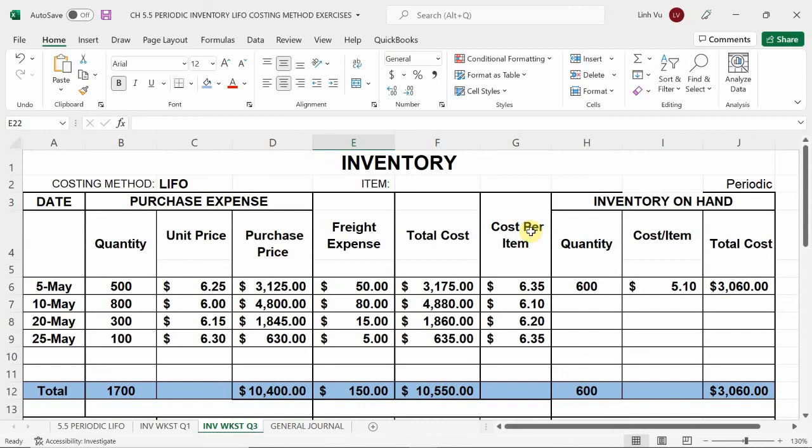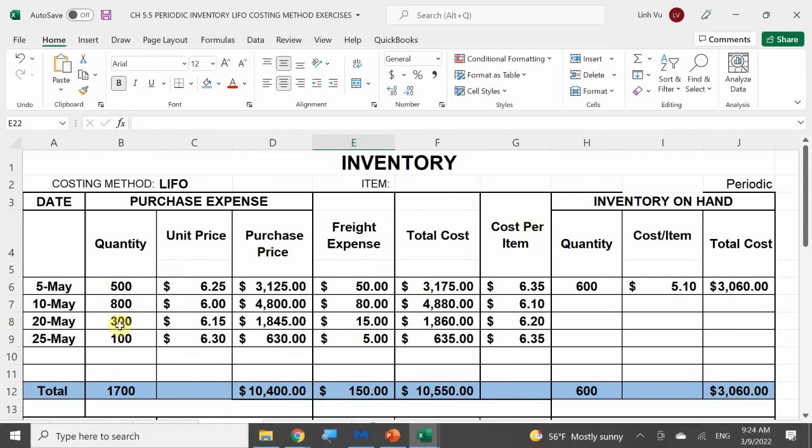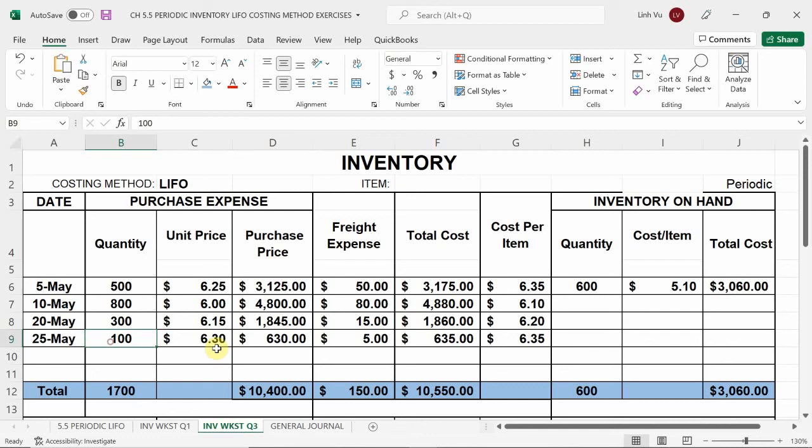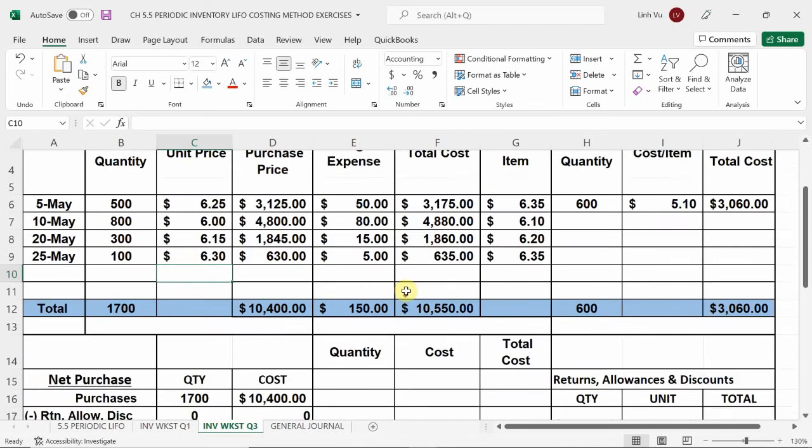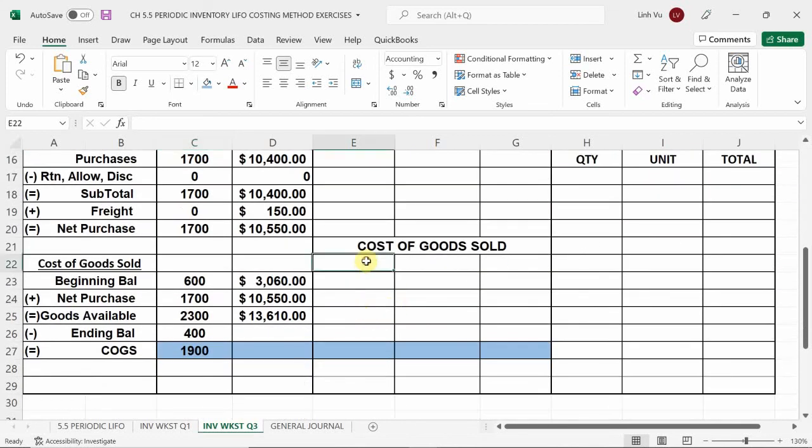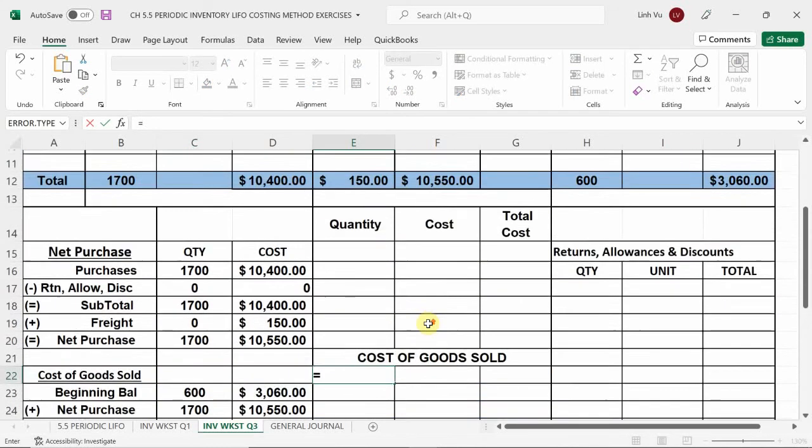Our beginning inventory is going to act like it's the first thing that we have, right? This is all the way at the top of my list, where every purchase is going to be going down in my list, right? So the last thing that I have in my inventory is going to be this one that I bought on May 25th. So 100 units at $6.35 each, giving me a grand total of $635.